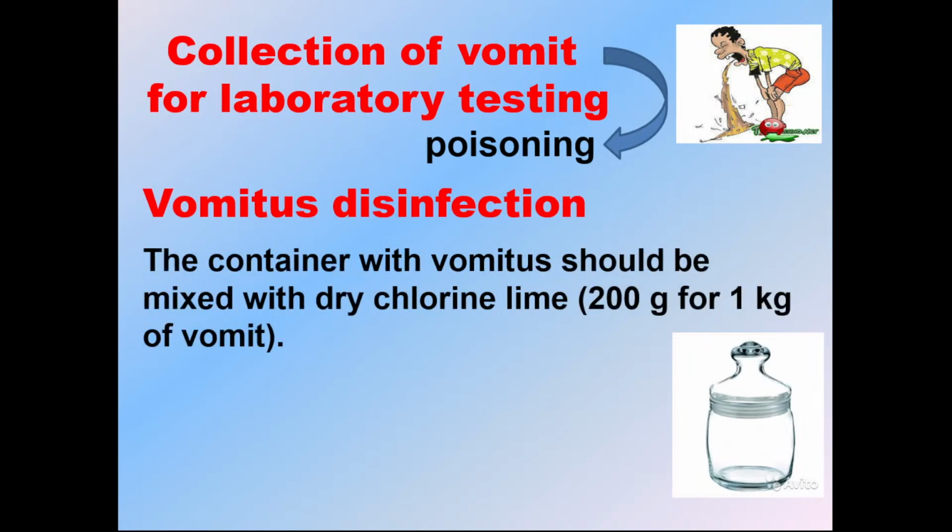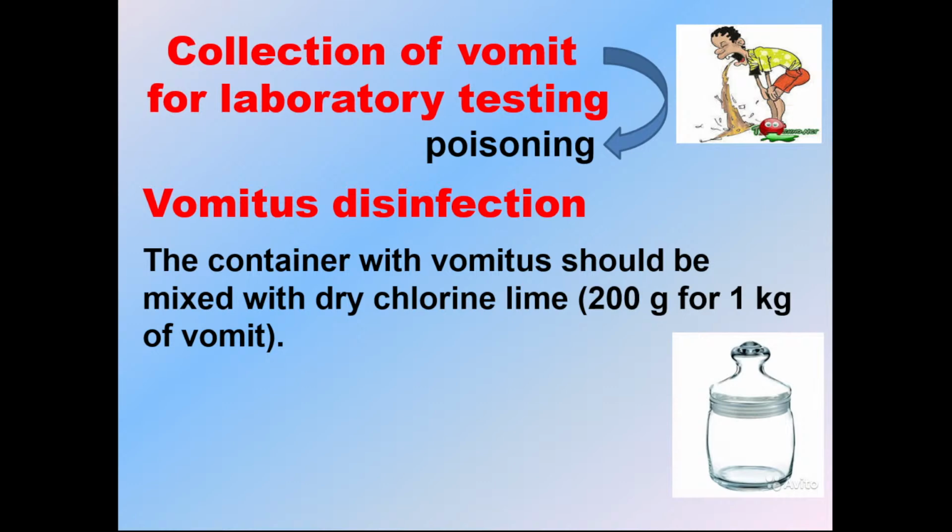and sent to the laboratory. But in any case, vomitus must be disinfected before removing into the sewage, because we don't always know the cause of vomiting. It is possible by cleansing the vomitus container with lime chloride, about which we spoke during the fourth class.